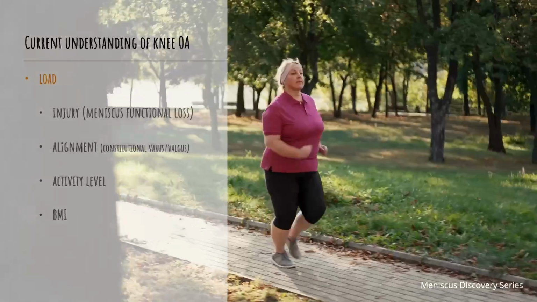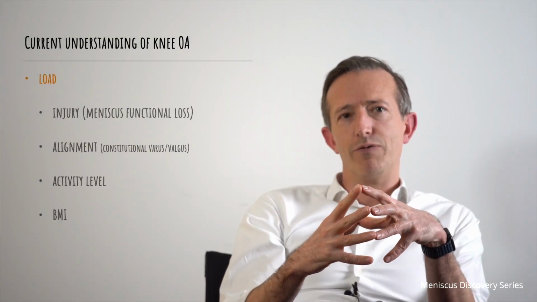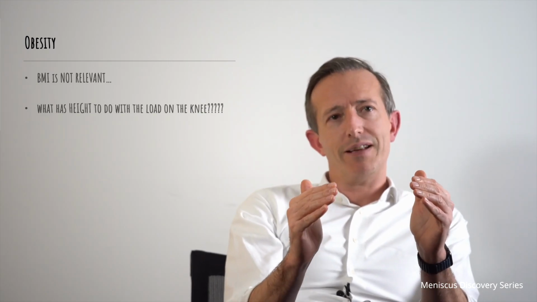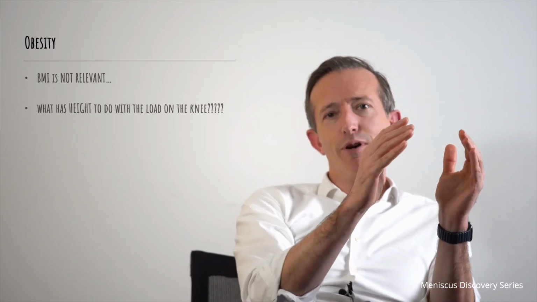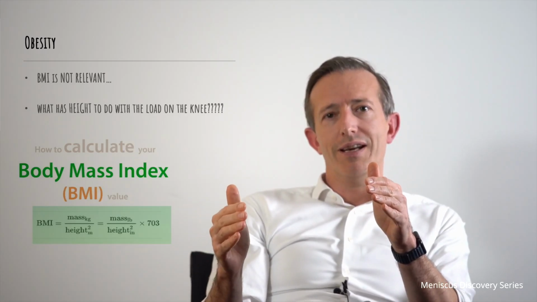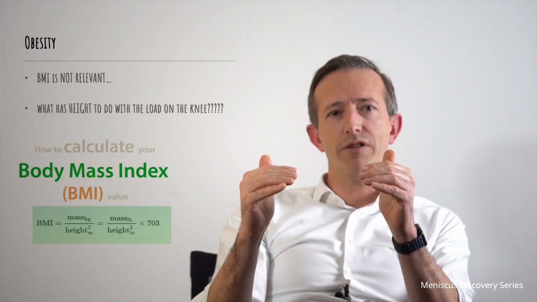So you have the activity level, but you also have the body mass and the body mass index of these patients. Now, what is not important is body mass index, meaning body mass on the length to the square of the patient. It's basically the body mass on the size of the knee joint.